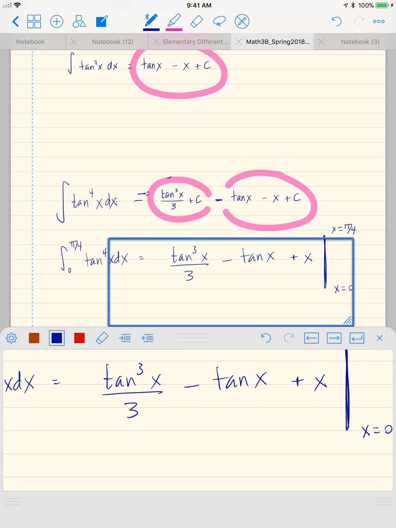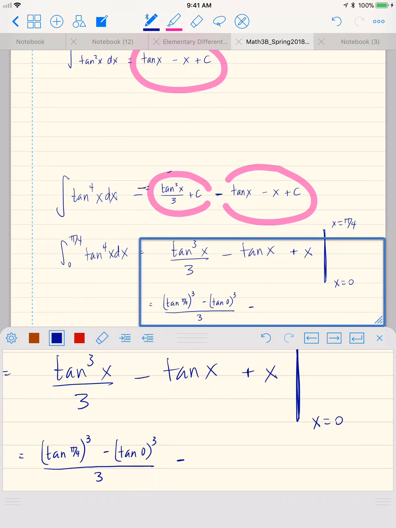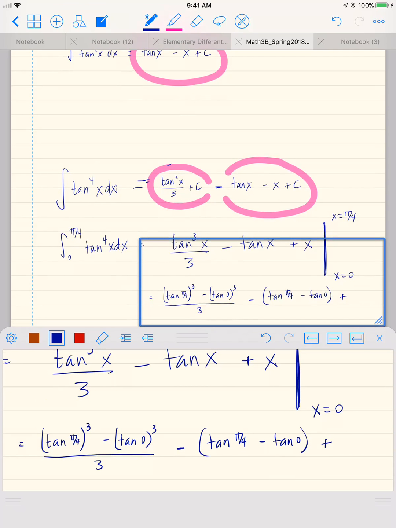So this is going to give us tangent of pi over 4 cubed minus tangent of 0 cubed, all of this over 3, minus tangent of pi over 4 minus tangent of 0, plus pi over 4 minus 0.